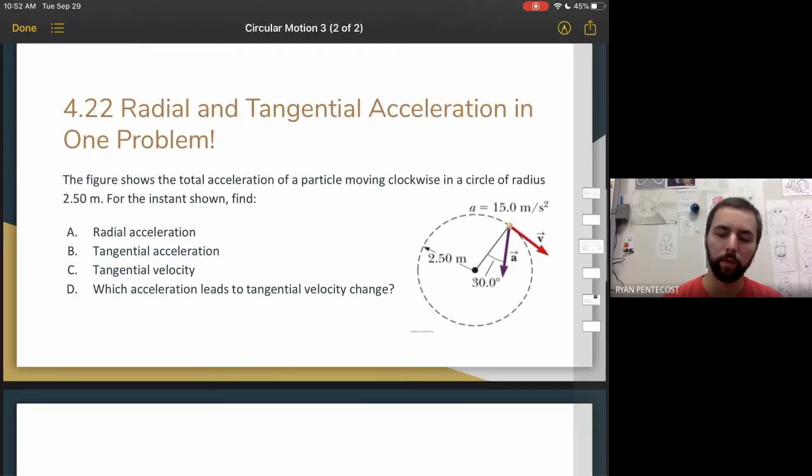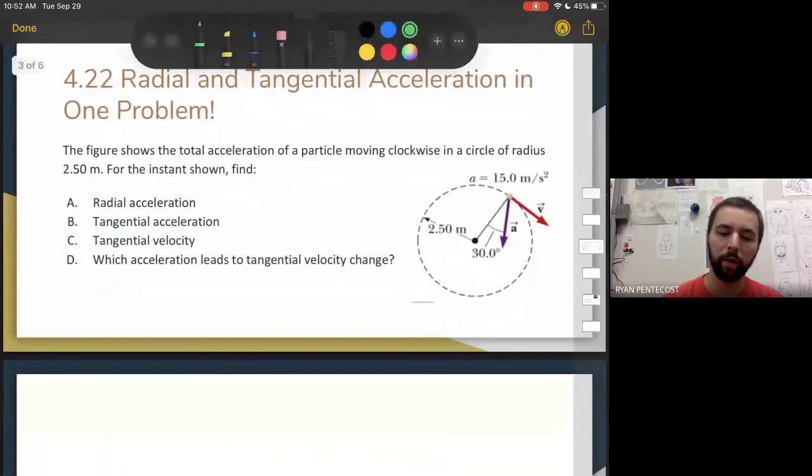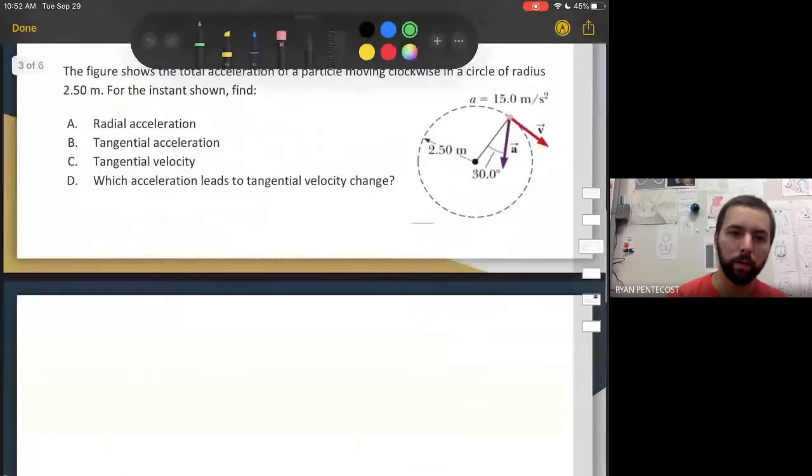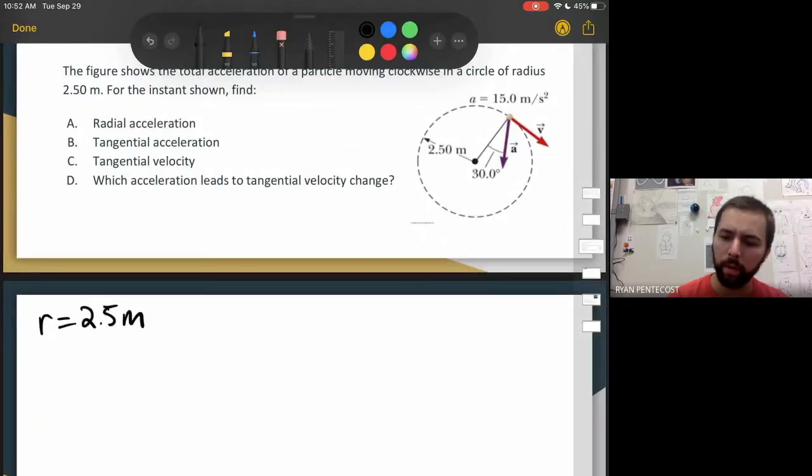radial acceleration. So what are our givens? We have a radius of 2.5 meters. The acceleration vector is 15 meters per second squared, and we have an angle theta of 30 degrees.